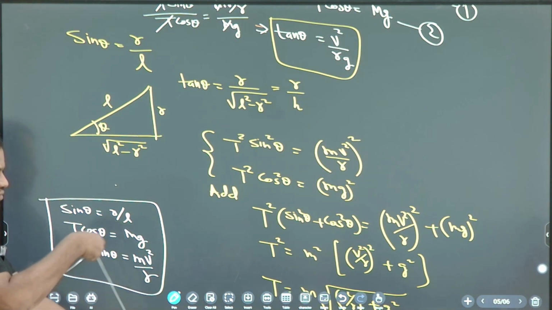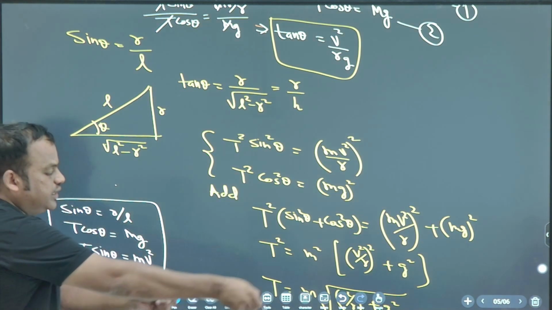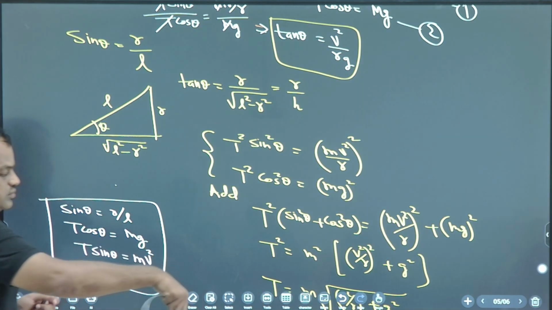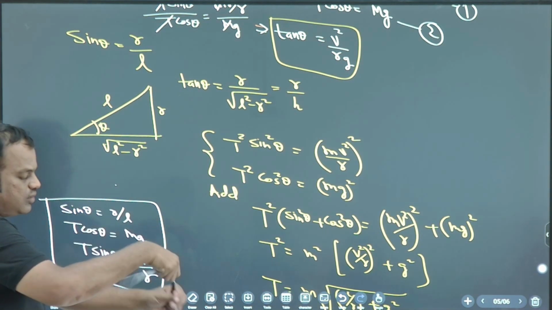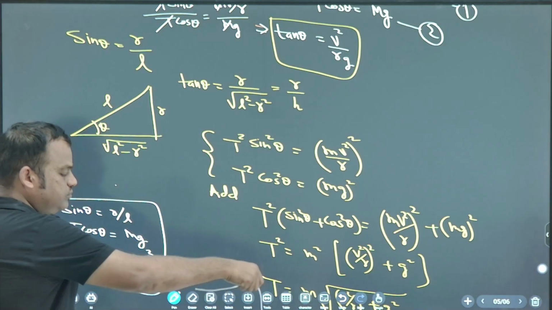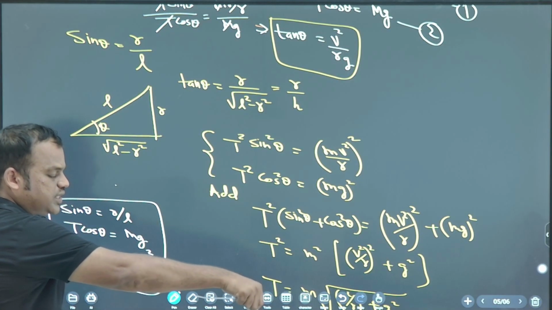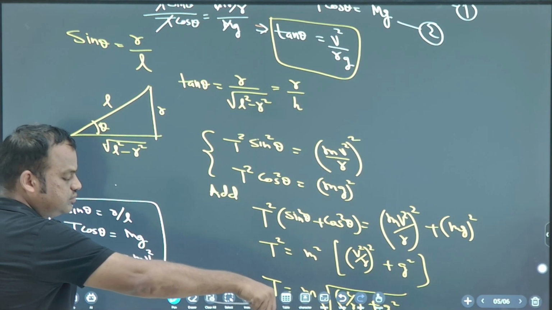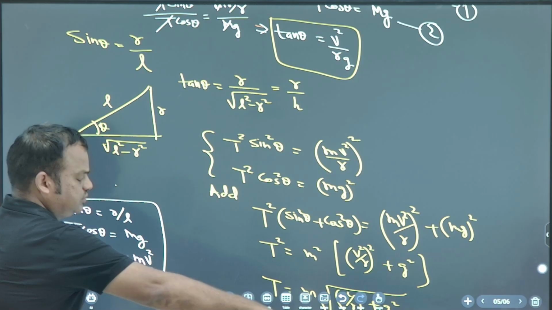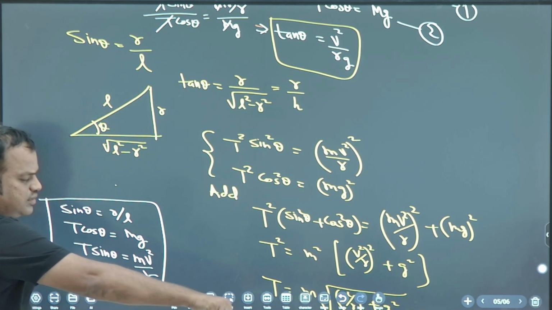Now length more, greater radius. What is the difference? Observe this. What is increased?